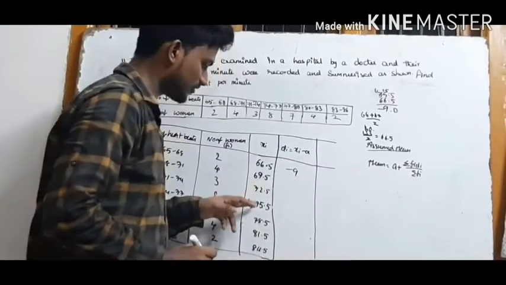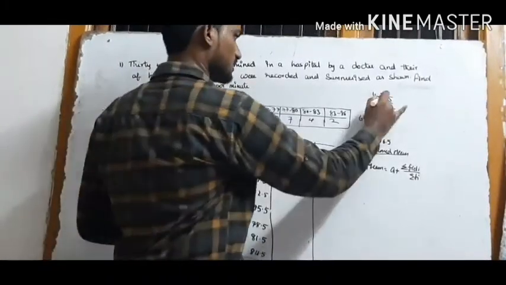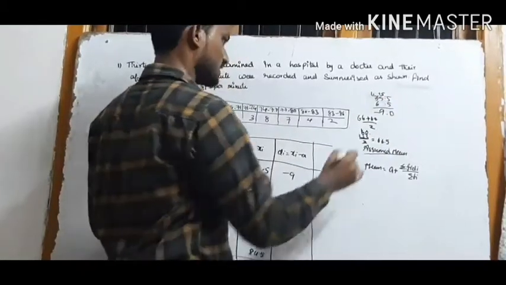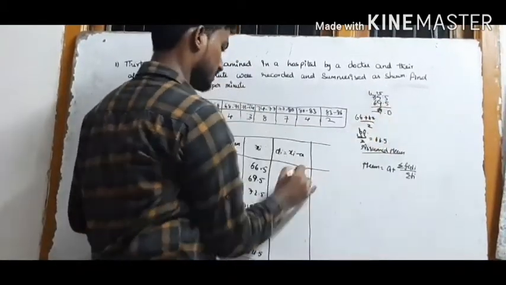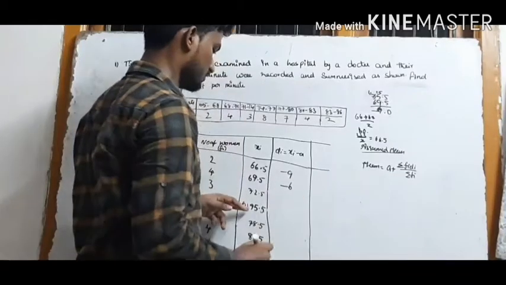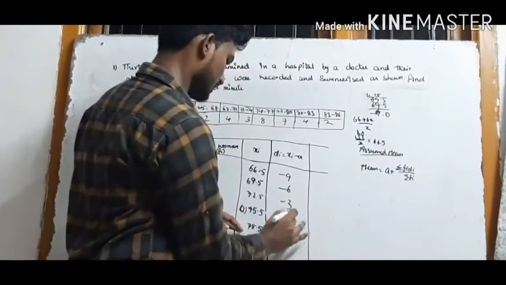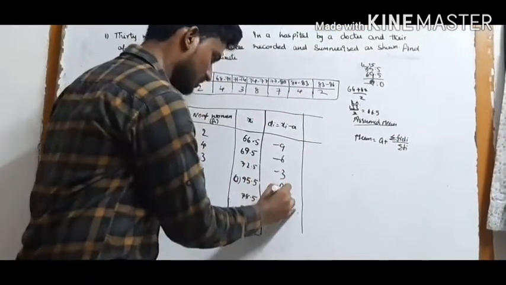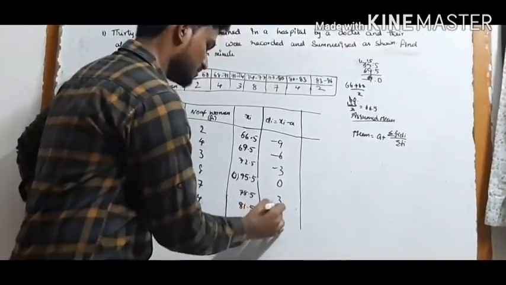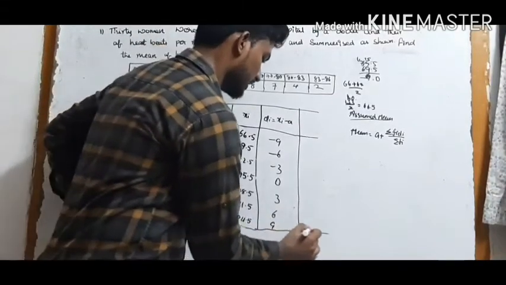From 69.5 to 75.5, the difference is 6, so minus 6. Then minus 3, then 75.5 minus 75.5 is 0, then plus 3, plus 6, and 9 is the di.